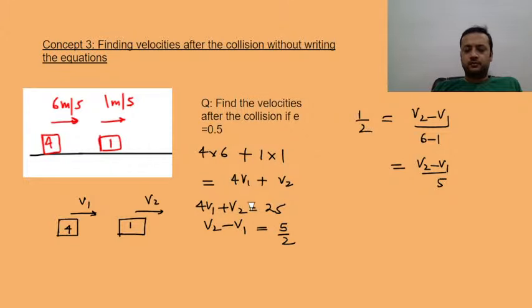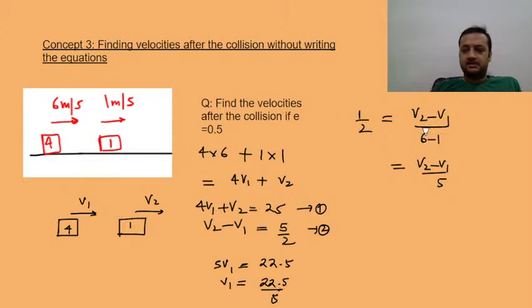So very simple. Let's call this equation 1 and let's call this equation 2. If you do equation 1 minus equation 2, v2 will cancel out and you will get 5v1. And that will be equal to 25 minus 2.5. So that will be 22.5, right? So v1 will come out to be 22.5 divided by 5.